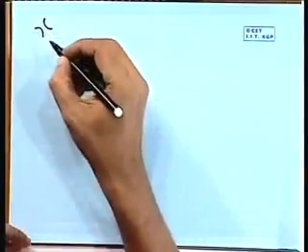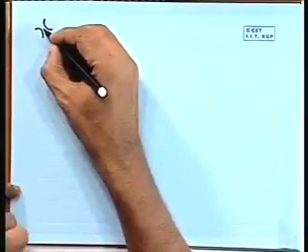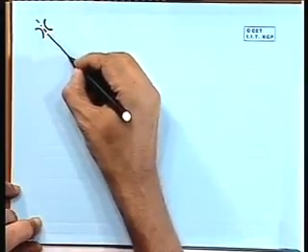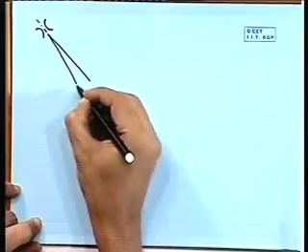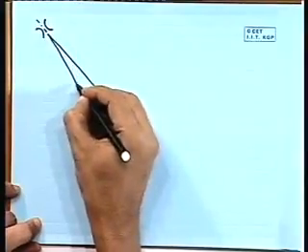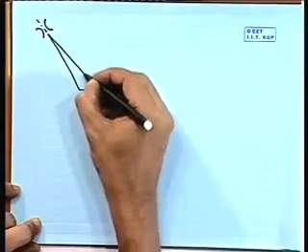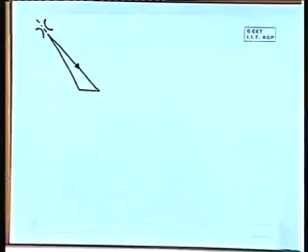Let us say this is the nozzle through which steam is coming. So, this is the nozzle axis. So, this is the direction at which steam is coming out of the nozzle.